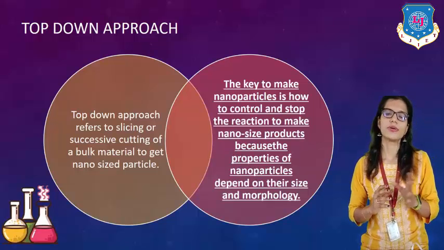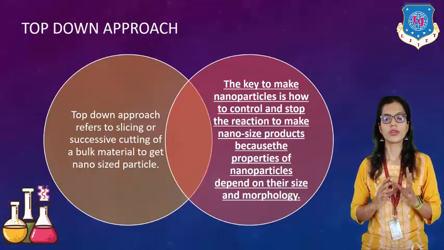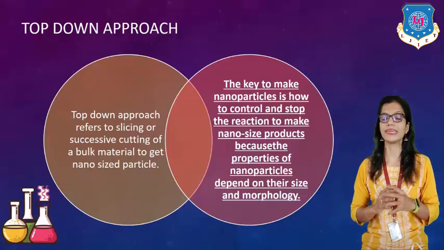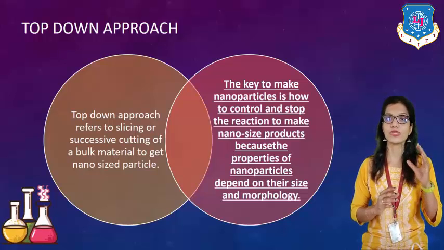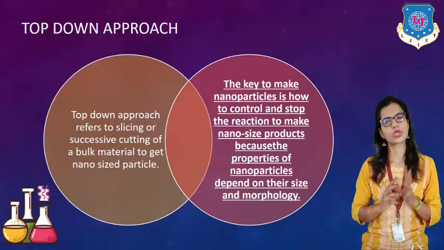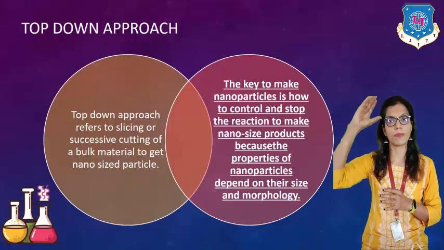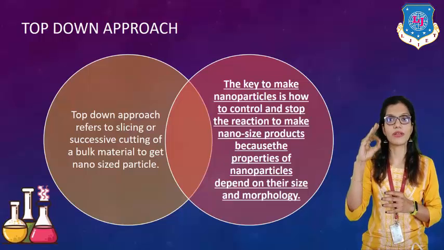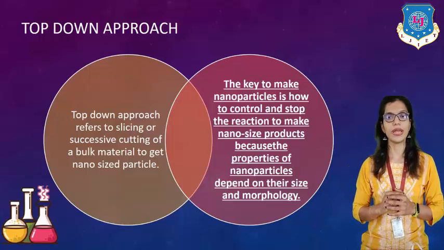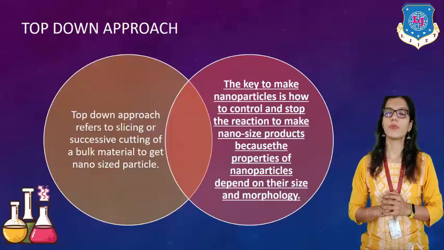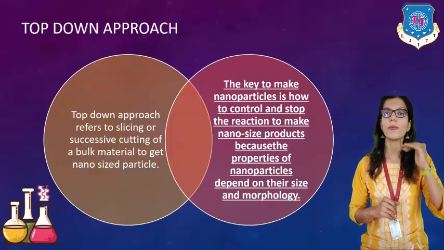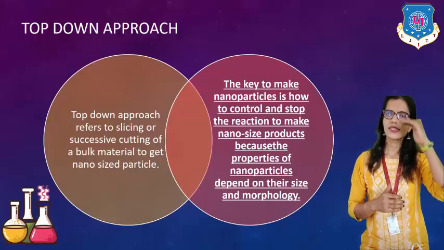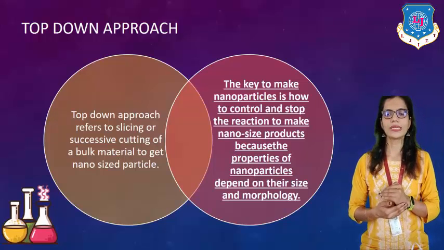Here the top-down approach refers to the slicing or successive cutting of a bulk material to get nano-sized particles. So we have a bulk and we have to create a smaller, nano-sized particle from it. This kind of approach is referred to as the top-down approach, from the bigger size to the smaller size.